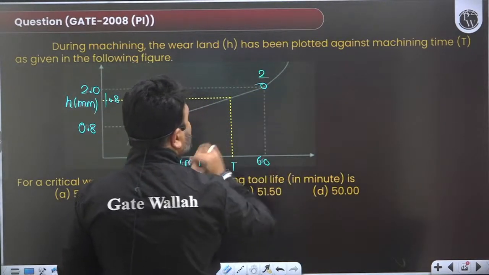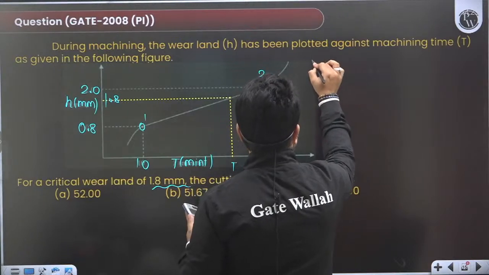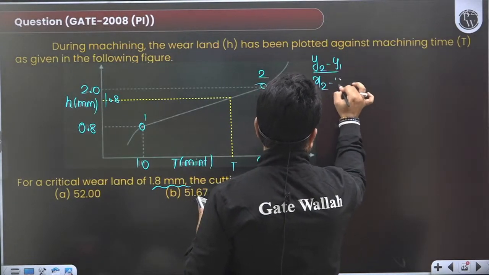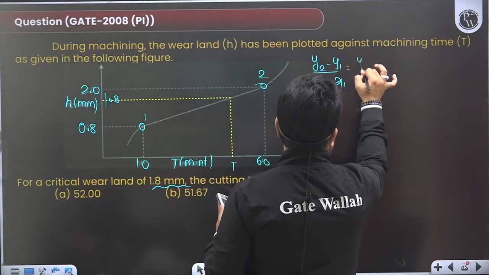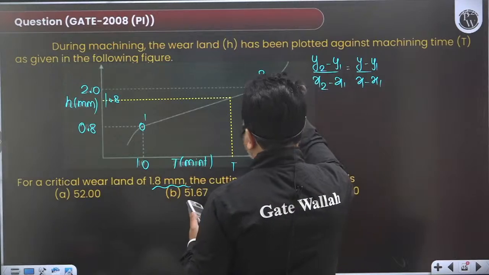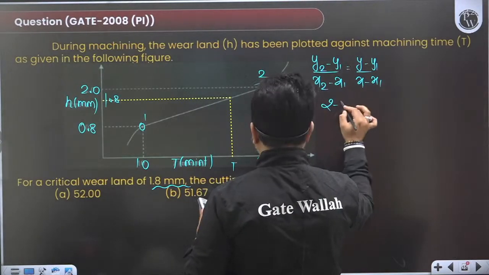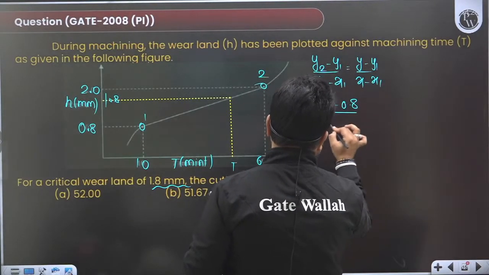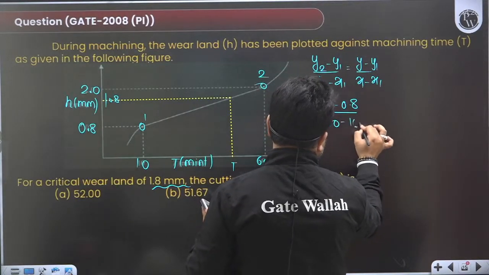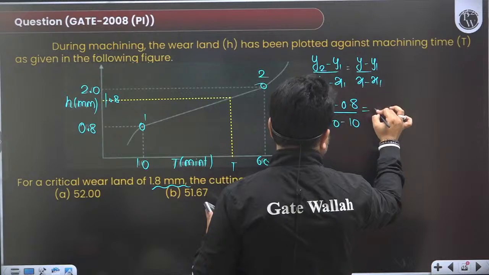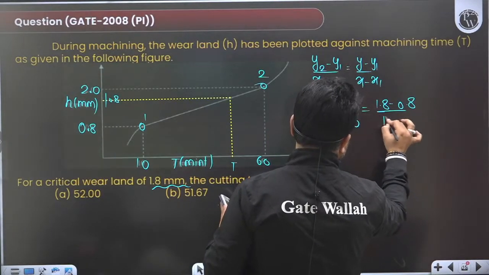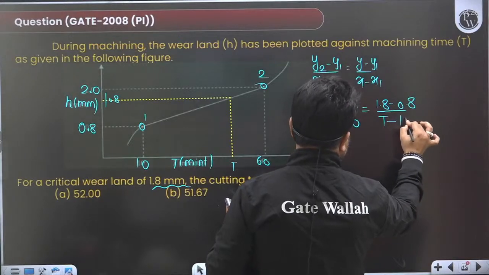Using the linear equation, y2 minus y1 divided by x2 minus x1, equals y minus y1 divided by x minus x1. y2 is 2 minus y1 is 0.8, divided by x2 is 60 minus x1 is 10. Y, that is 1.8, minus y1 is 0.8, x, that is t, minus x1 is 10.